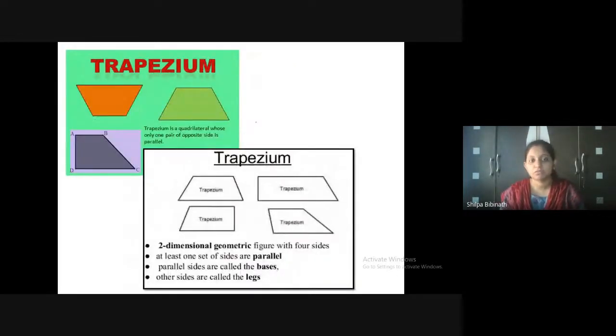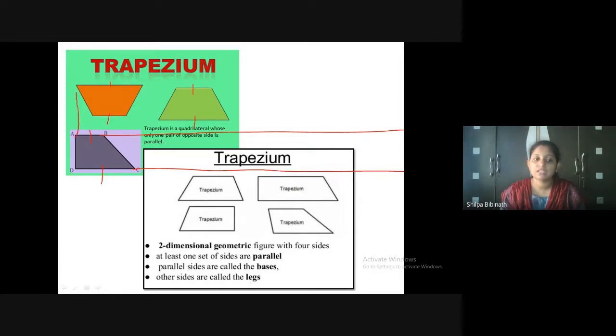Next is trapezium. What is the important property of a trapezium? Any one pair of opposite sides will be parallel to each other. In this shape, you can see that AB is parallel to DC. They will never intersect, no matter how much you extend them. But what about the other two sides?